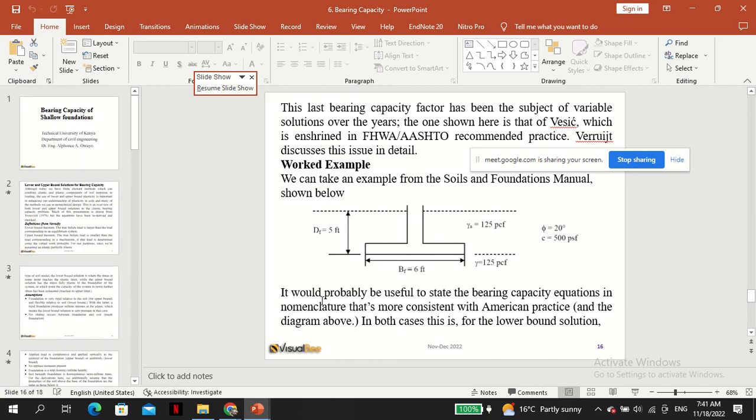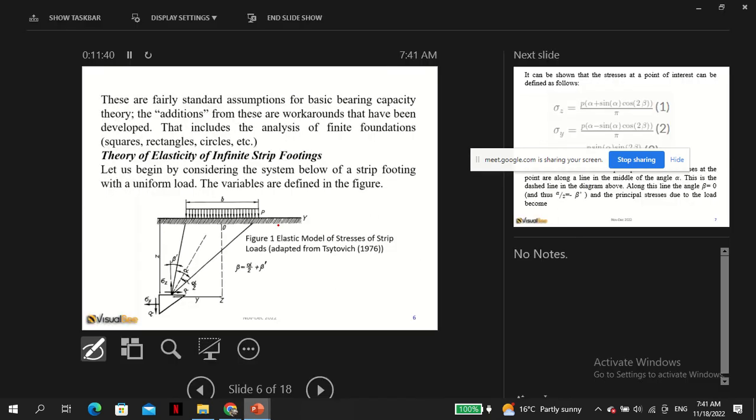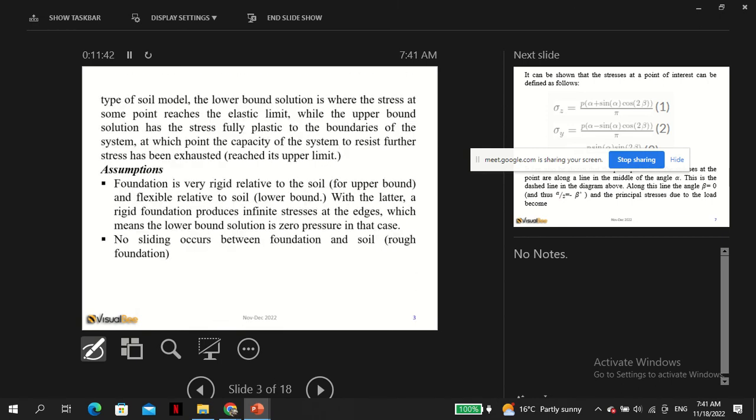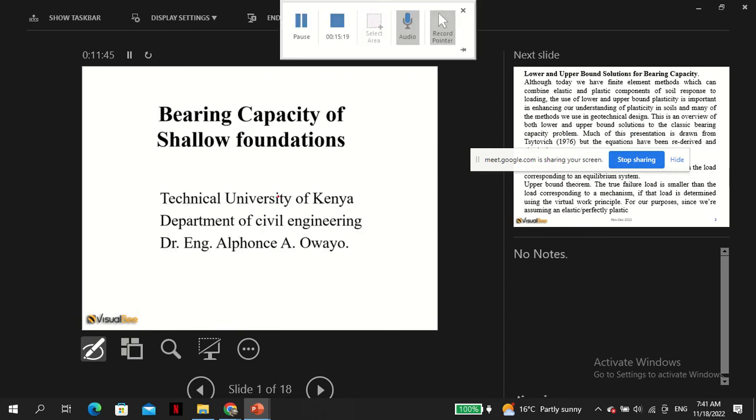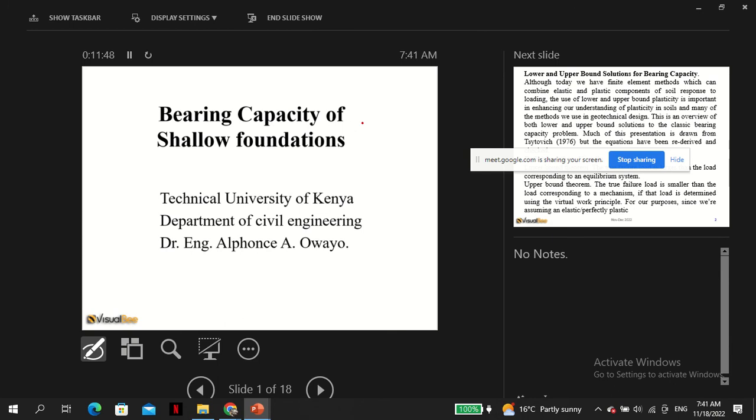Anyway, what we are saying is, normally, this is the foundation and this is the ground level.